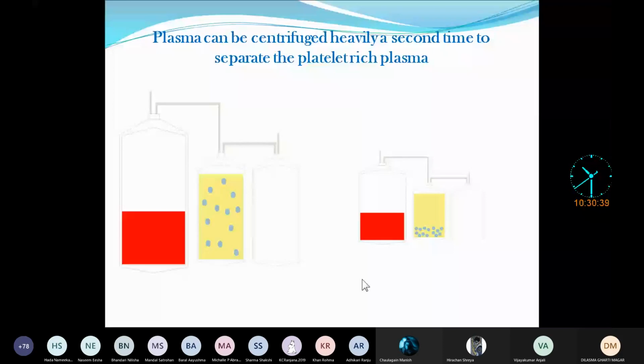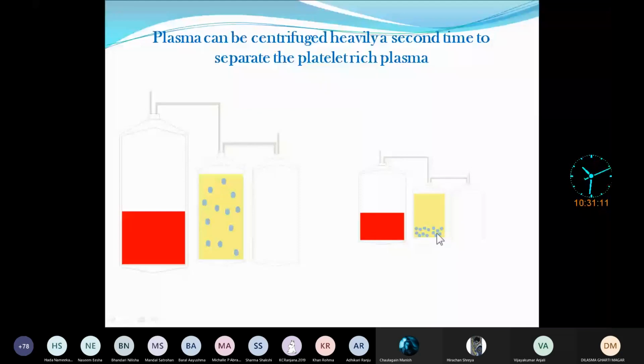Now in the right side picture, you can see the RBCs are also there at the bottom, and in the yellowish middle bag you can see the platelets settled at the bottom, isn't it? So now the plasma is more. This much plasma is not required. Understood here? Usually the RBCs are even more concentrated at the bottom, and with the heavy spin the platelets are at the bottom and the plasma is more.